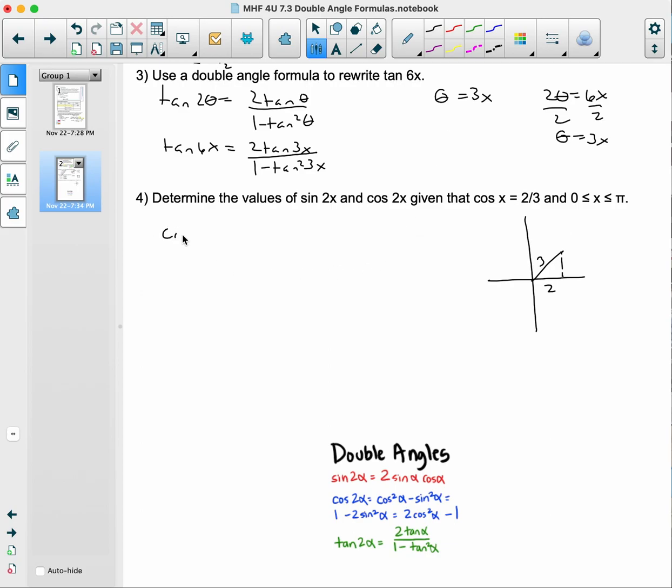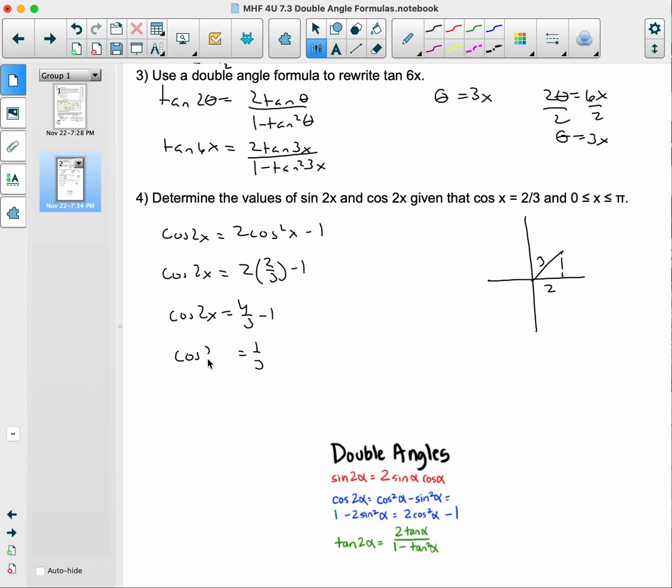Because we know that cos 2x is equal to 2 cos squared x minus 1. And we know the value of cos x. So the one that you can find no matter what is this one: 2 times 4/9 minus 1, so cos 2x is going to equal 8/9 minus 1, or negative 1/9.